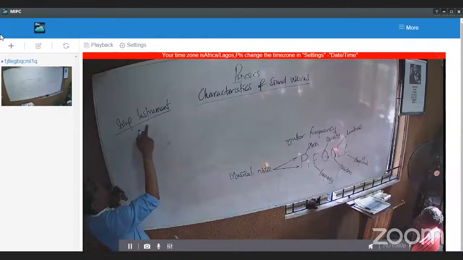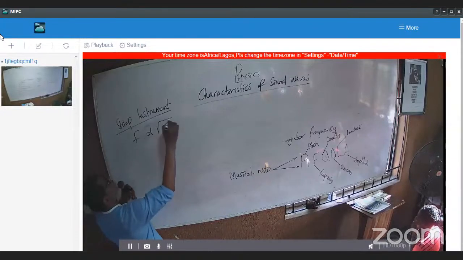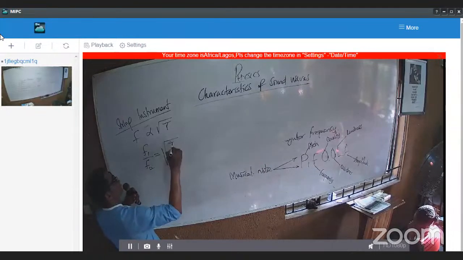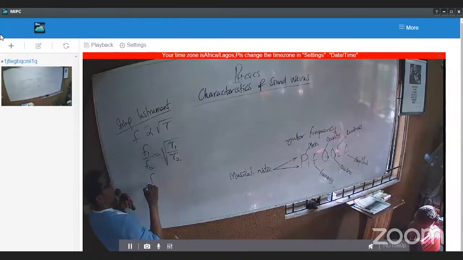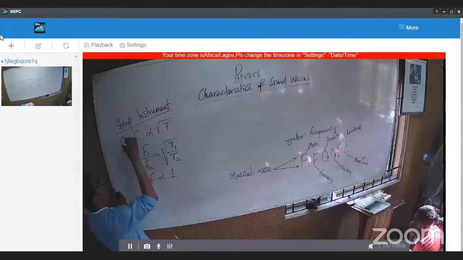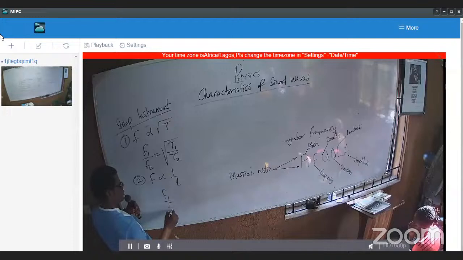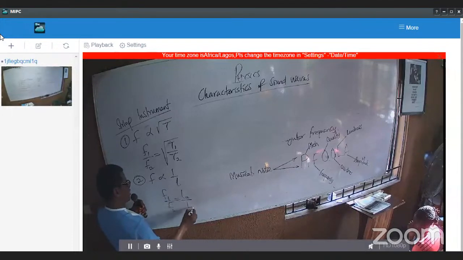Our frequency of sound: F is proportional to the square root of tension, so F1 over F2 equals square root of tension 1 over tension 2. F is proportional to 1 over L, so F1 over F2 equals L2 over L1.